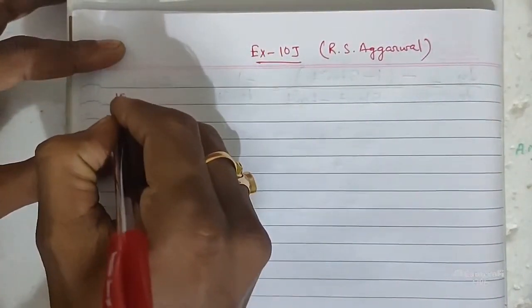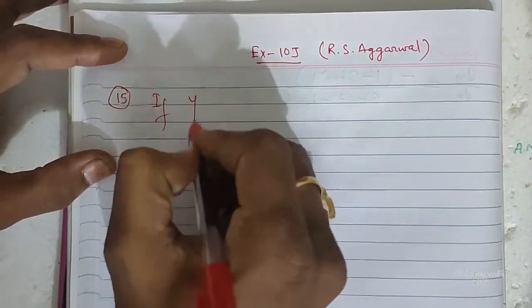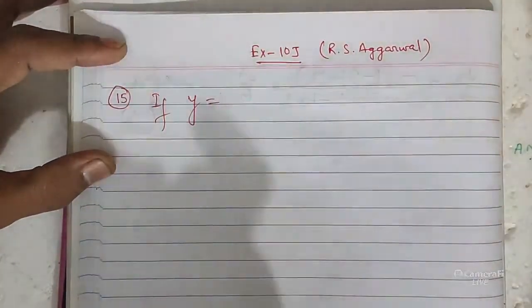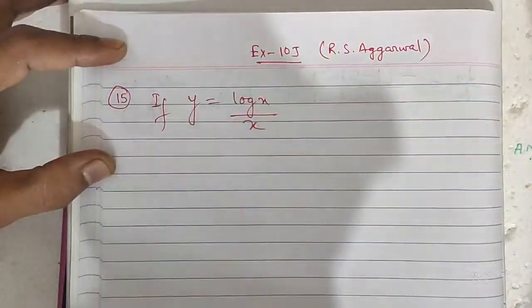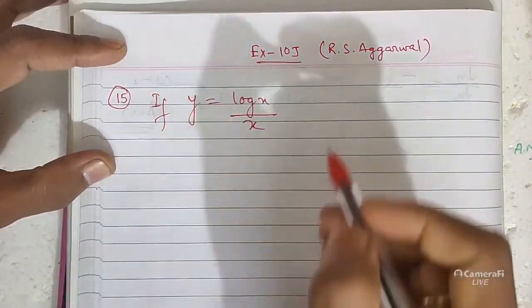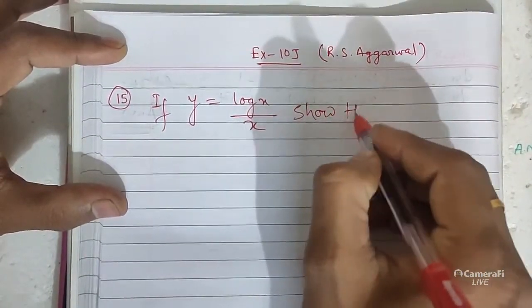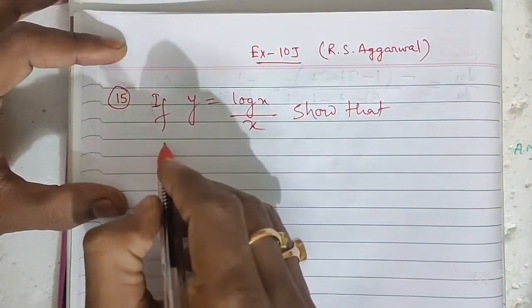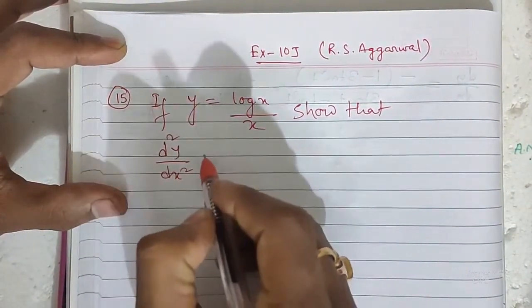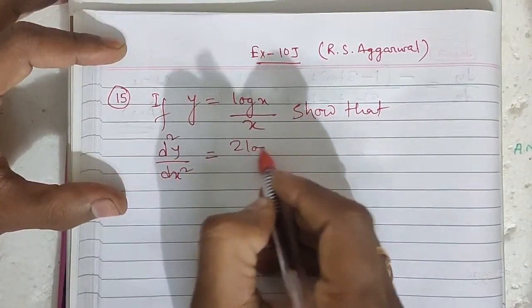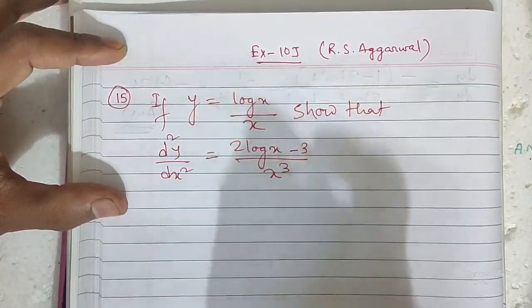So question number 15, it is given that if y equals log x by x, then prove that d2y by dx2 equals 2 log x minus 3 divided by x cube.